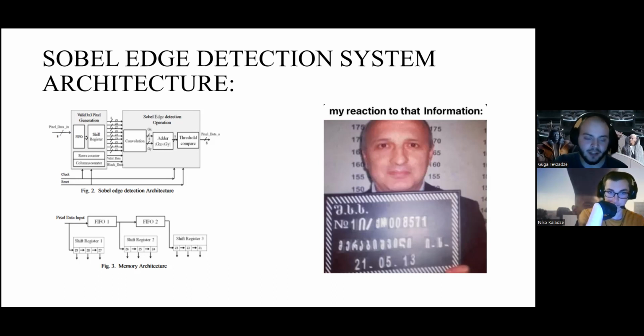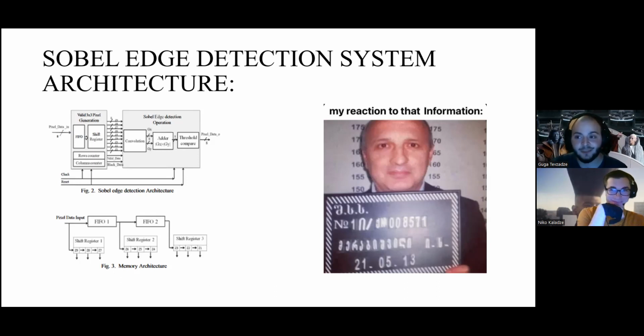For the memory architecture, the important part is that there are two FIFO memories, and through the FIFO memories the data goes into the shift registers, and from the shift registers the data is transferred to the other part of the system.